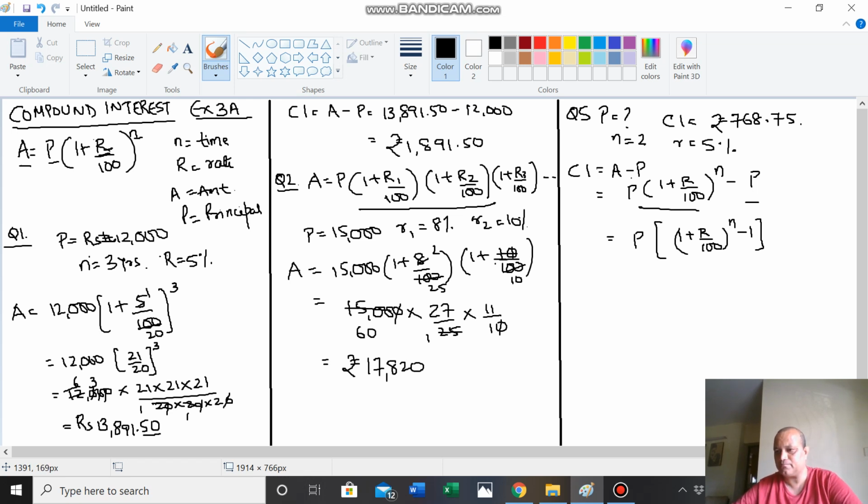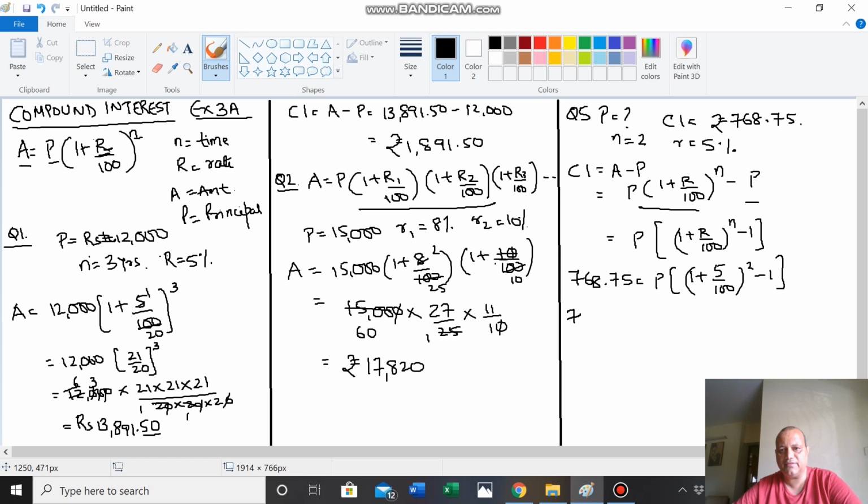So let's see. In this question, 768.75, which is my compound interest, is equal to P, which we don't know, times (1 plus R, which is 5 upon 100) raised to the power N, which is given equal to 2, minus 1.